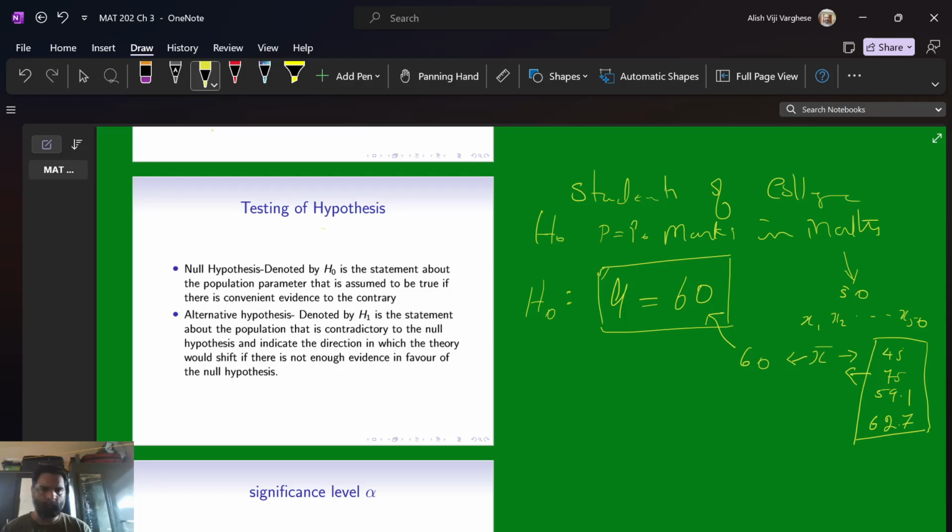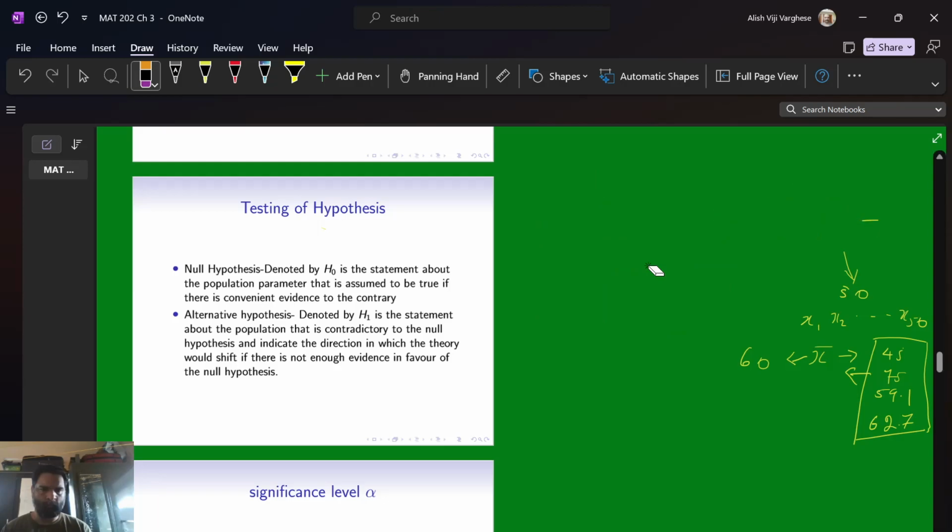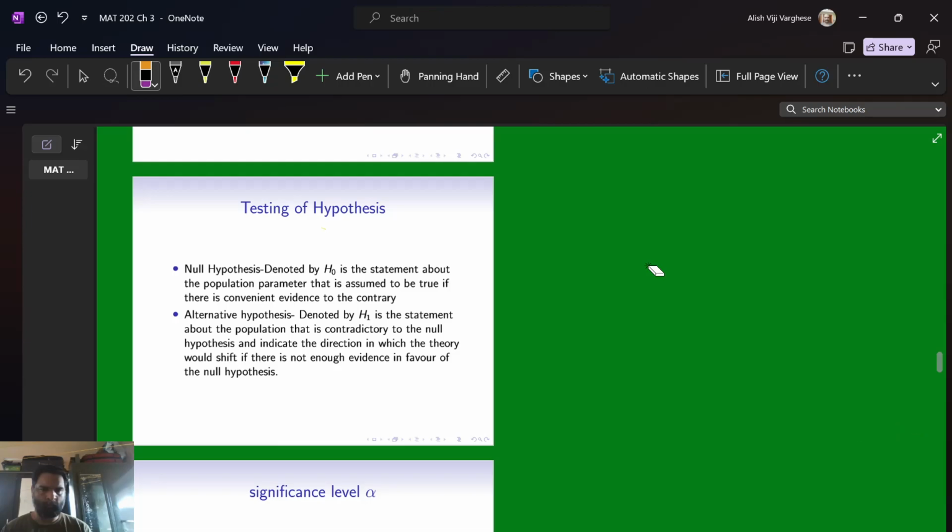So usually the null hypothesis is taken in equality form. That's a conventional method. And the alternative hypothesis H1 will give a direction in which we move if the null hypothesis is rejected, or is not accepted.